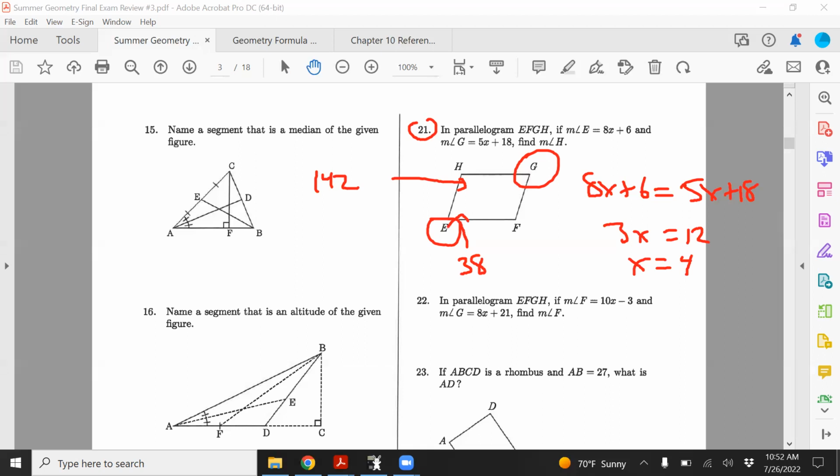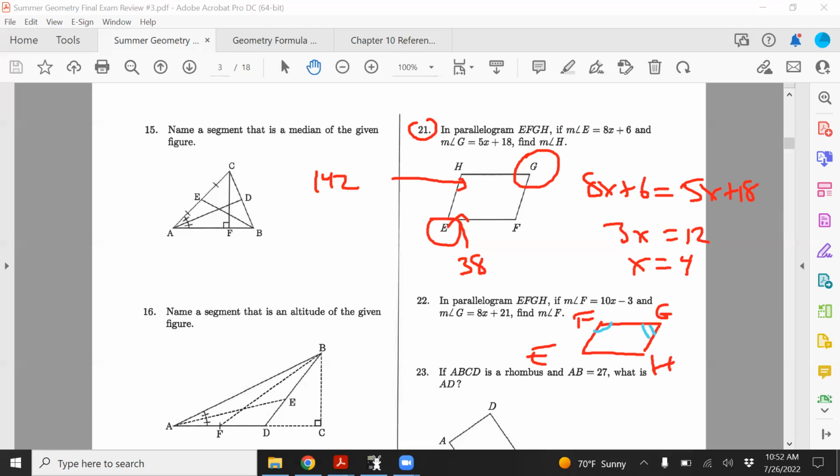That's also fine. 22, they don't give you a diagram, but if you just think about it, you have to go in the order in which they label the letters, so E, F, G, H. Now, F and G are not opposite of each other, and they're not going to be the same. So they're consecutive to each other.